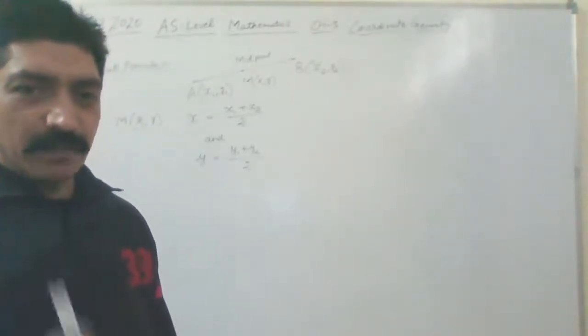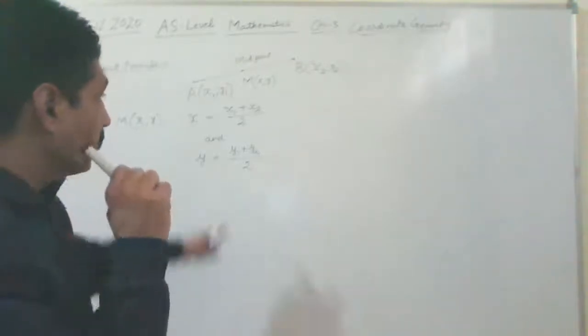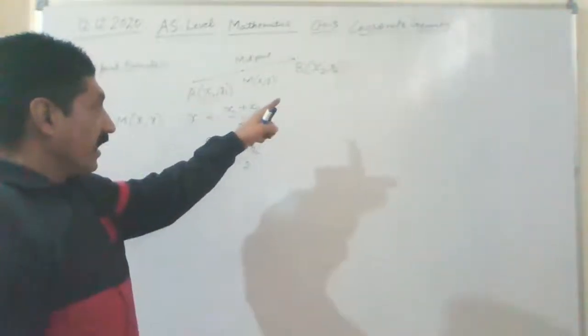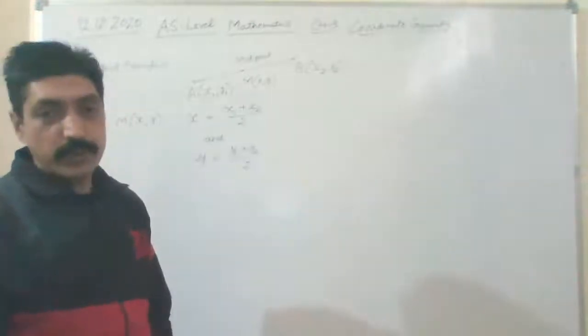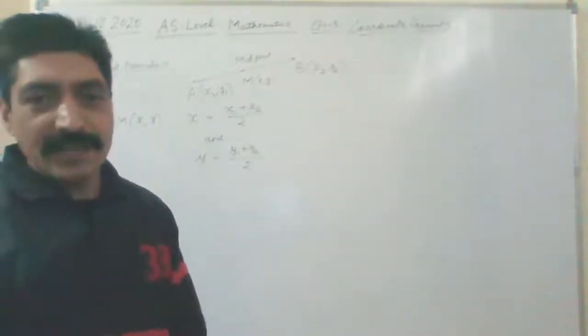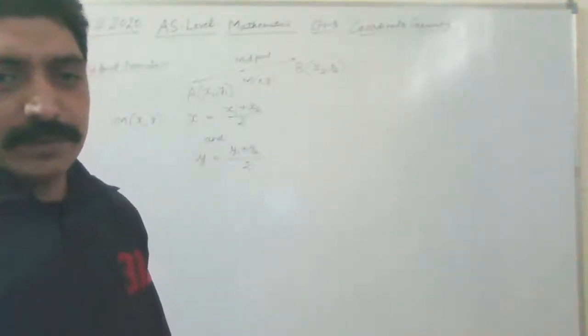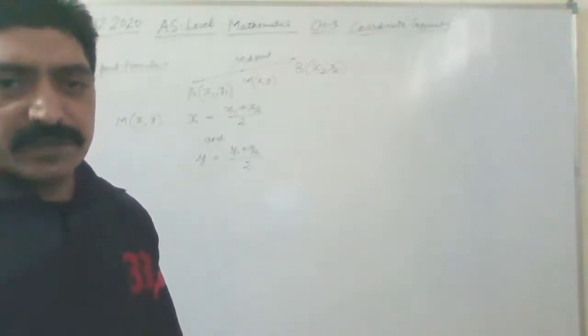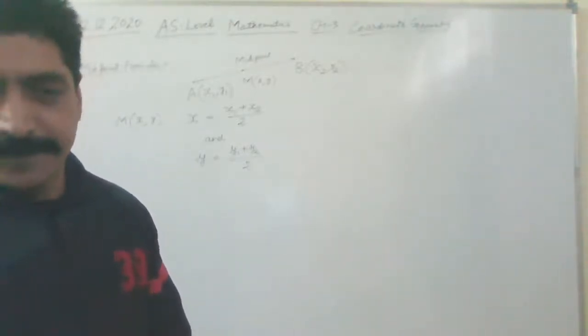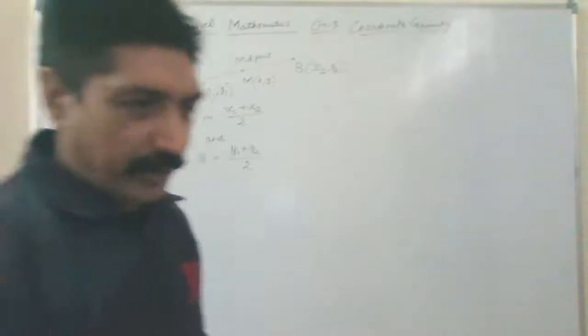If A is x1, y1, and B is x2, y2, then the midpoint is always x1 plus x2 divided by 2 and y1 plus y2 divided by 2, right? This is about your midpoint formula.